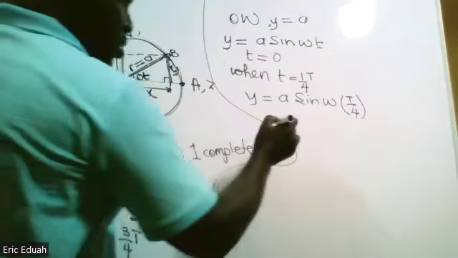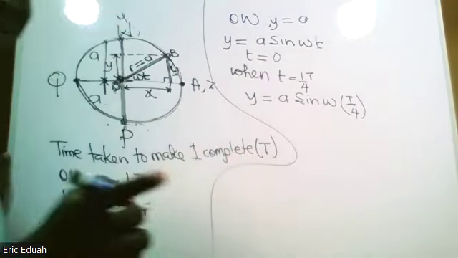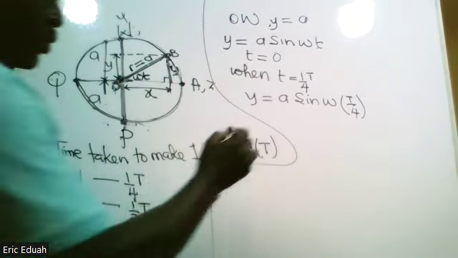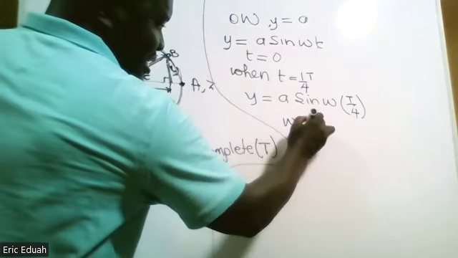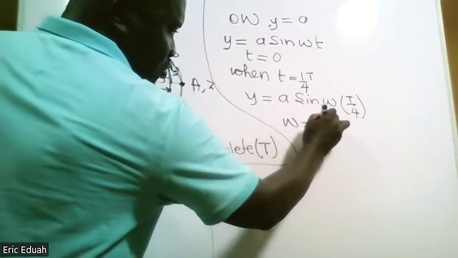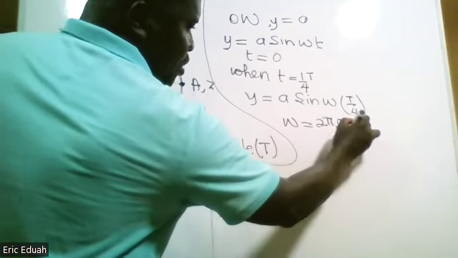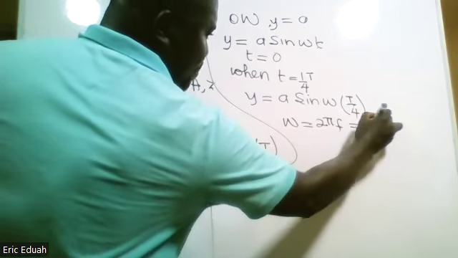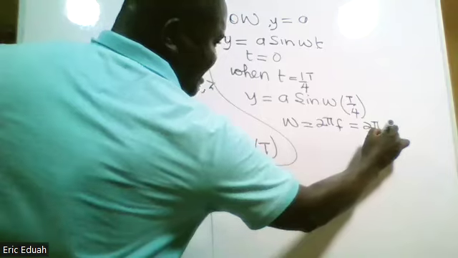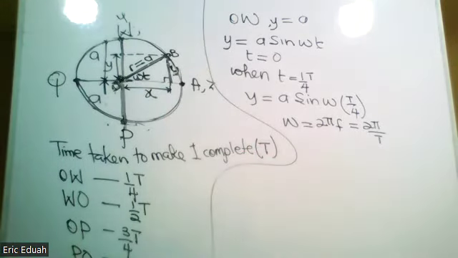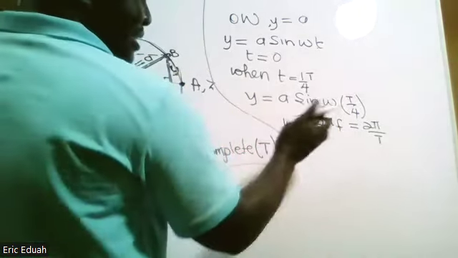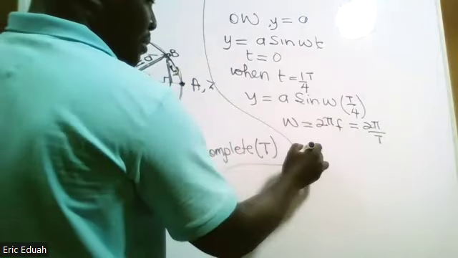Now, under circular motion, we saw that angular velocity is equal to 2 pi f, which is also the same as 2 pi over T. So substitute this in place of omega.